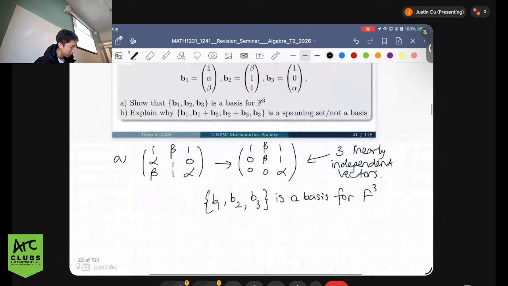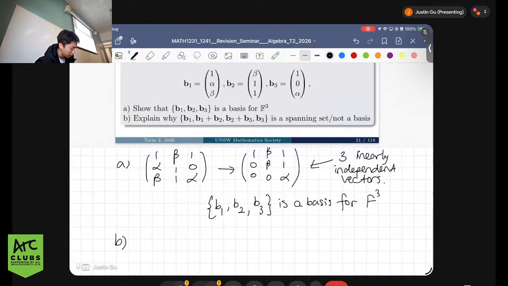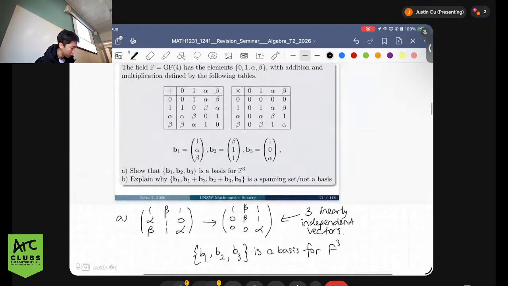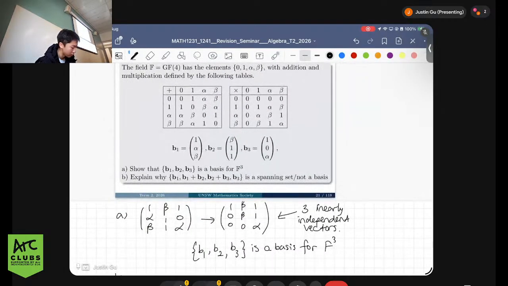Okay, and for part B, if we look at the table, what we realize is that under addition, when you add each vector to itself, no matter what, it just results in 0.